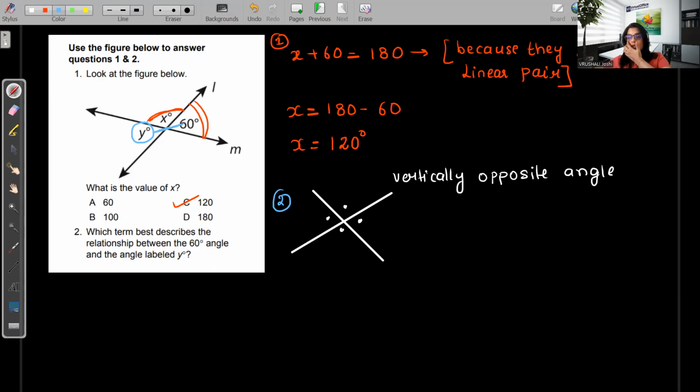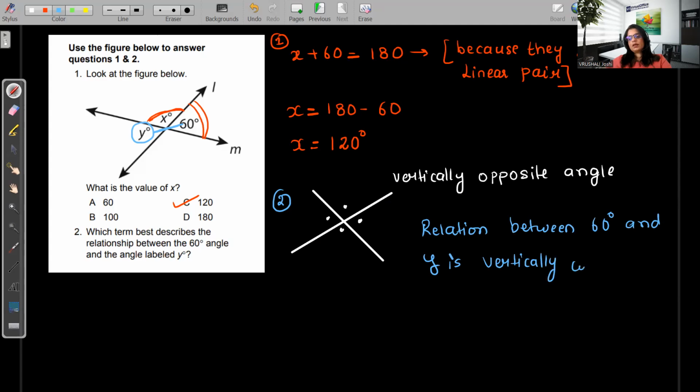If they are across the intersection point, obviously they are going to be vertically opposite. That means the answer to the second question is that the relation between 60-degree and Y is vertically opposite angles. I hope you're getting it.